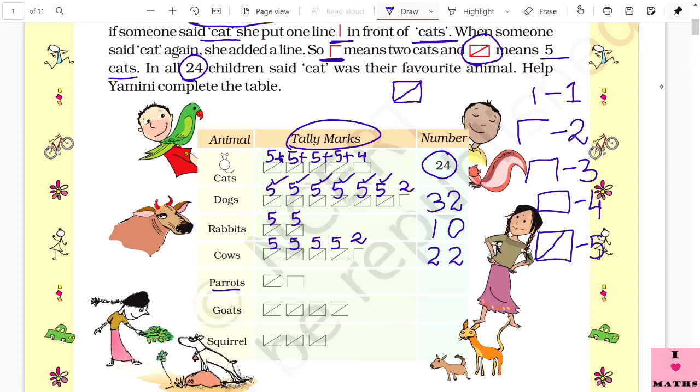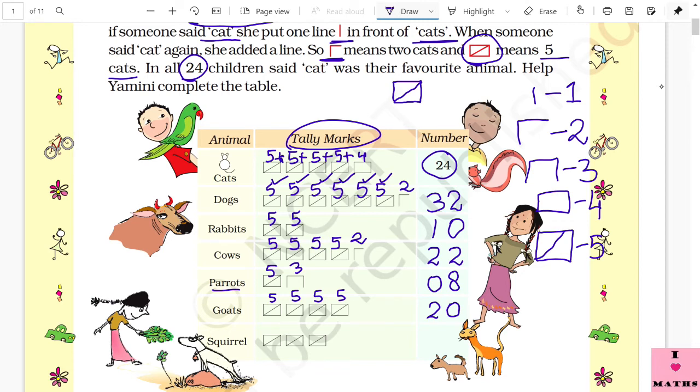How many people like parrots? 5 and 3. So 5 plus 3 is 8. 8 children liked parrots. Now goats. How many children liked goats? Now 5, 5, 5 and 5. So 5 fours are 20. So 20 children liked goats.